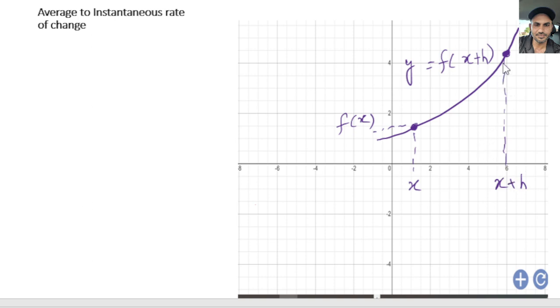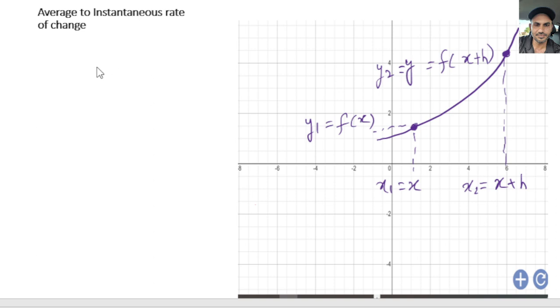So this represents the y value of the function at x equals x plus h. This is our first x value, x1. This is our second x value, x2. This is our first y value, y1, and this is y2, our second y value.